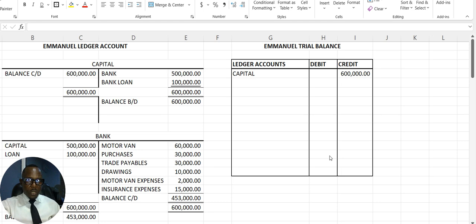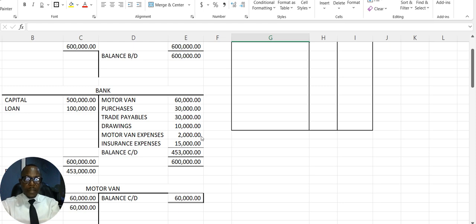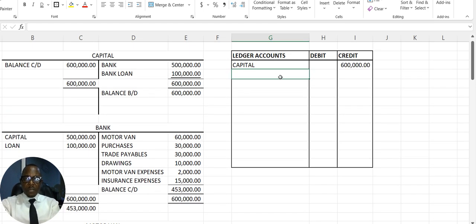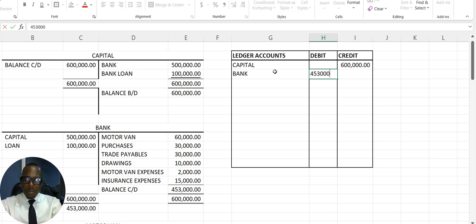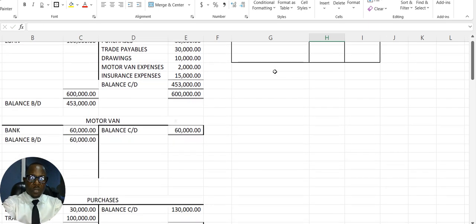All right. The next one is what now? Bank. Bank has a debit balance. So you write bank has a debit balance of how much? 453,000. So that brings us to this one. The next thing you're going to look at is what?